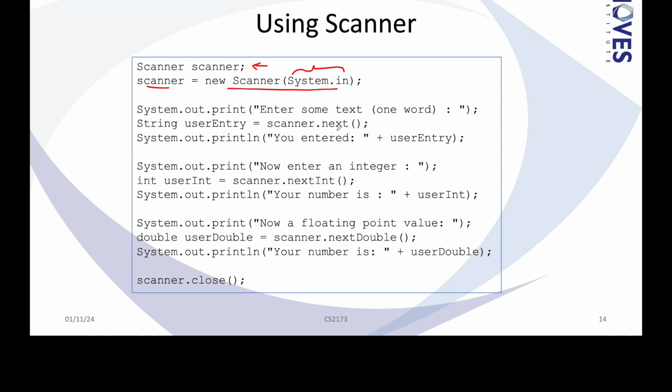This reads in the next word, and then assigns it to this string, I'll call it userEntry, and then I'll just print it out. And then now I say, okay, now enter an integer. Wait for the integer. The nextInt is going to get that integer and assign it to this variable here, and then I'm going to print it out. And then likewise for a double.